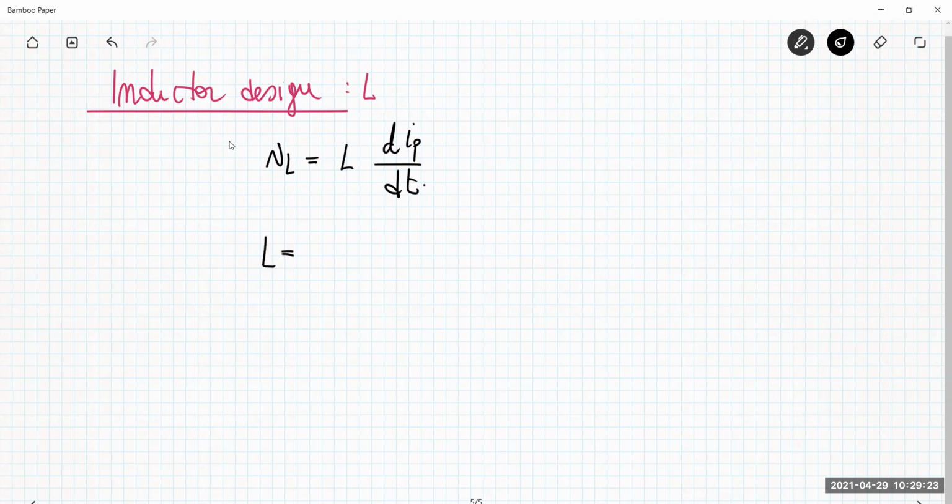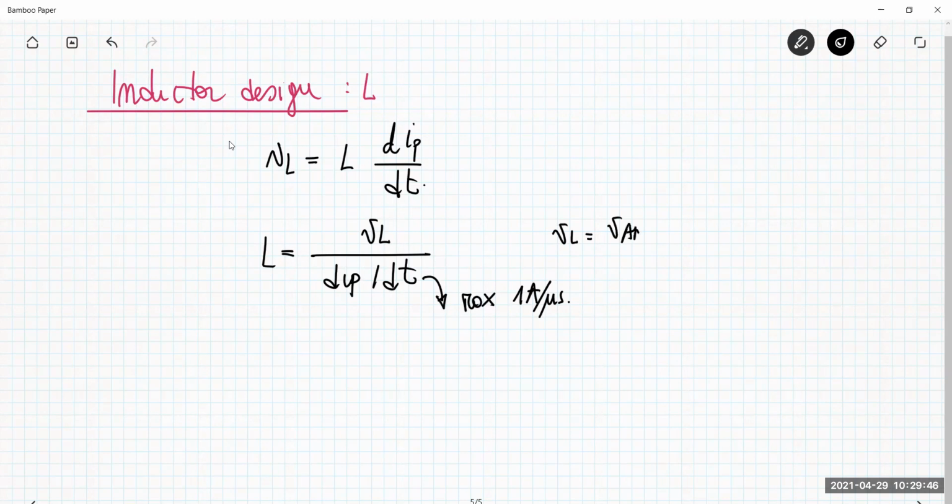So L is given by VL over dIP over dt, which has a maximum value of 1 amp per microsecond. What about the voltage VL? VL is given by the voltage VAN, as a function of t, minus the voltage across the capacitance.